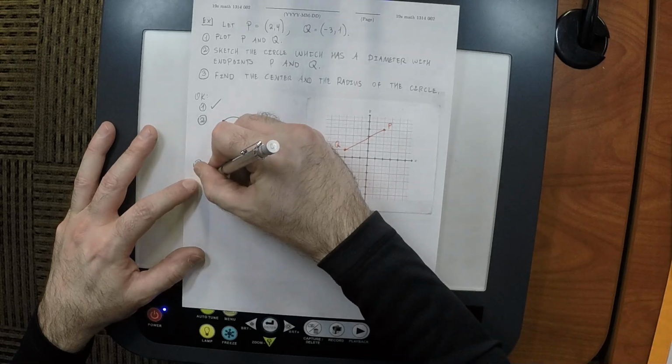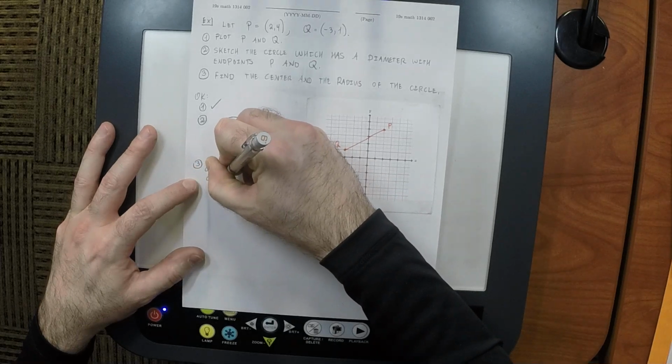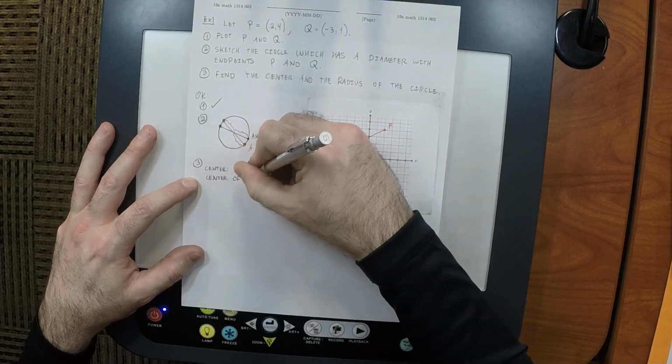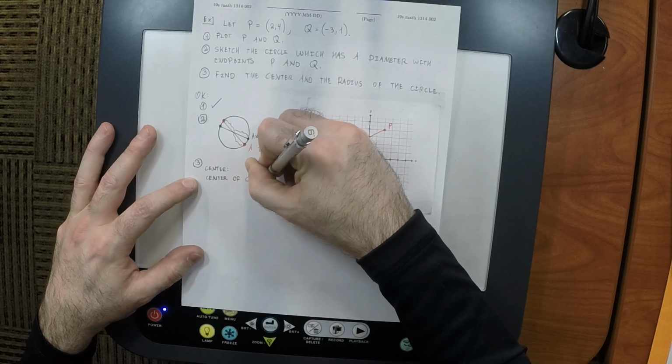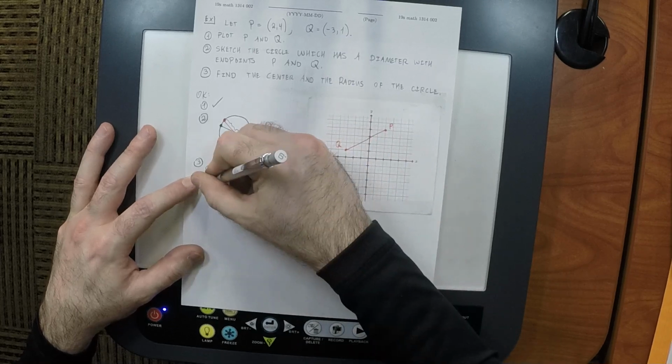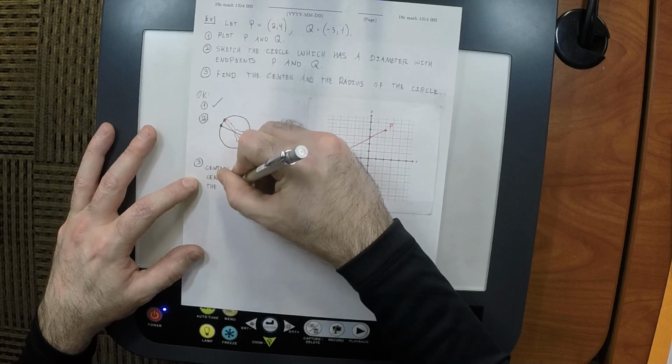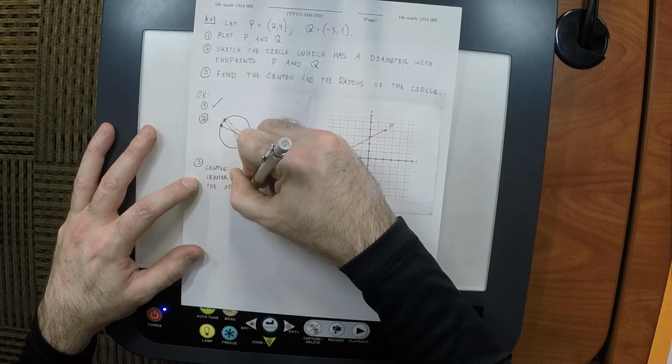So the center of the circle is the midpoint of every diameter.